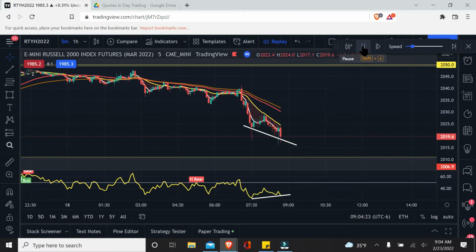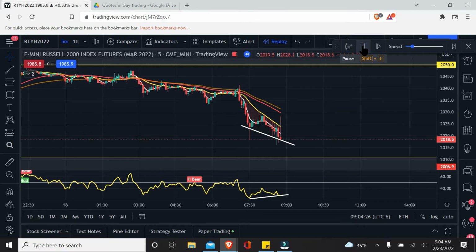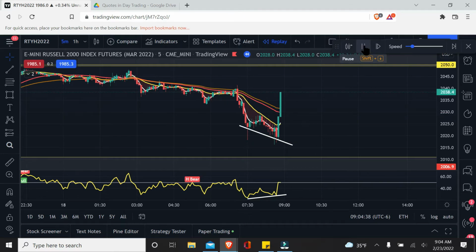And of course, we only place trades whenever the 5 and the 20 cross. So we do have a large candle here, but it's not 9 o'clock yet, so we're going to wait. And we have a cross here. Of course, we wait until the candle closes. With my strategy, I like to wait until both lines are over the 50 before I enter a buy.